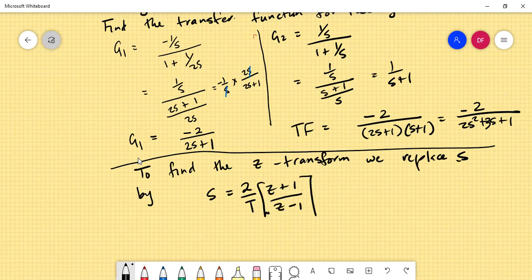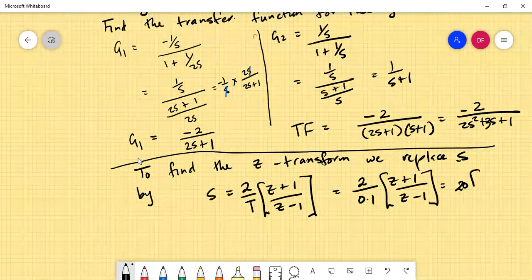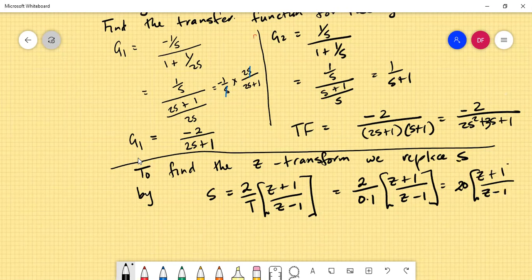And we know T is how much? That's 0.1. So s is 20 times (Z plus 1) over (Z minus 1), if my math is correct. So everywhere we see s, we're going to put 20 times (Z plus 1) over (Z minus 1).